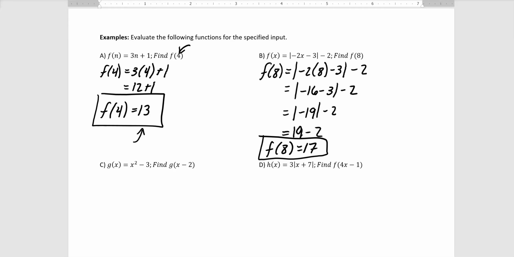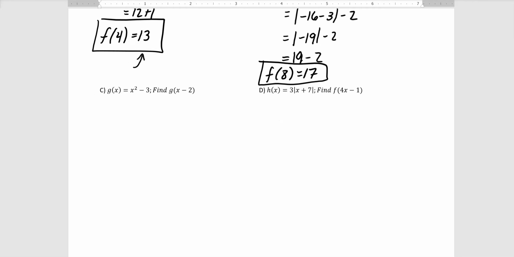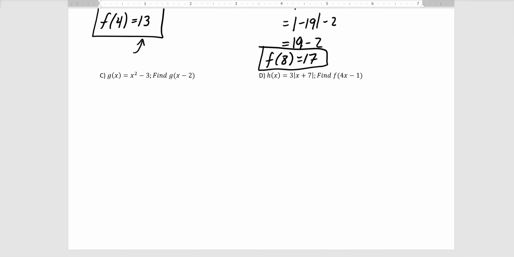Now, for both A and B, we were plugging in numbers as our inputs. We can also plug in other equations or other expressions. So let's look at letter C here. g of x equals x squared minus 3. Find g of x minus 2. Anywhere that there was x, I'm now going to put x minus 2. To simplify this, the first thing I'll need to do is x minus 2 squared.